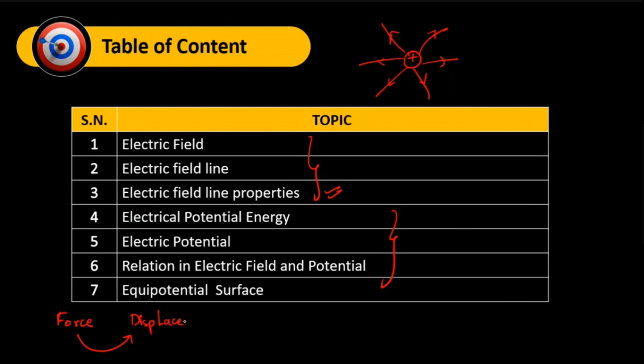For example, if you push something or pull something, that object is not going to stay at its place, it's going to displace. And if there is a displacement, it means there is some work done, or I can say that this force has done some work on the object because of which that object has displaced.